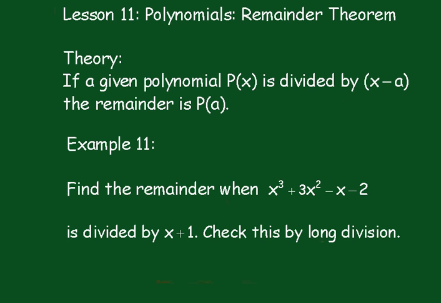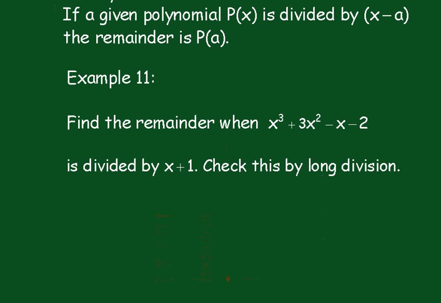Right, now here's an example using the remainder theorem. You have to find the remainder when this polynomial is divided by x plus 1. So we know that p(x) is equal to x cubed plus 3x squared minus x minus 2. So x plus 1 is 0, x equals -1.